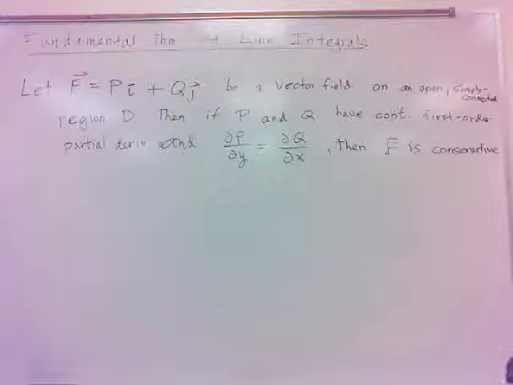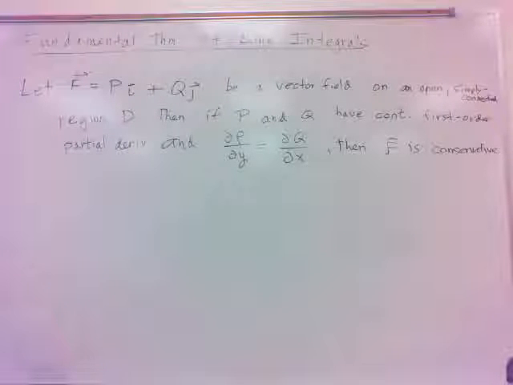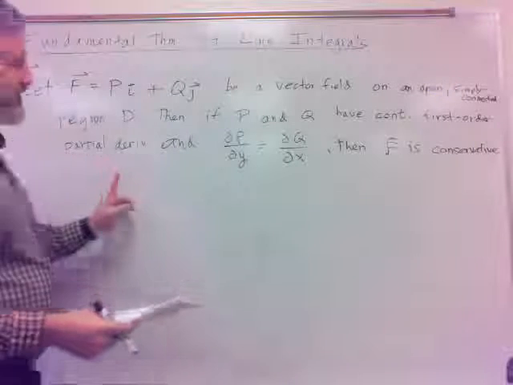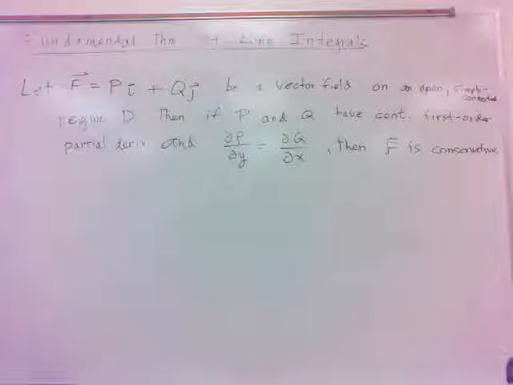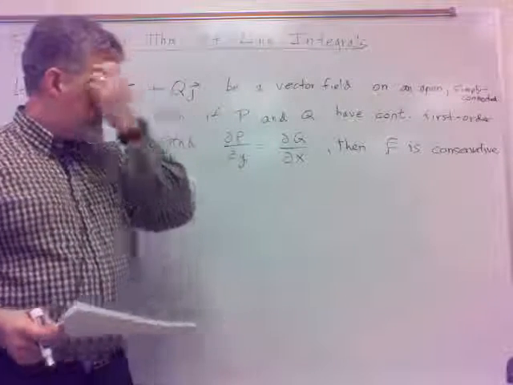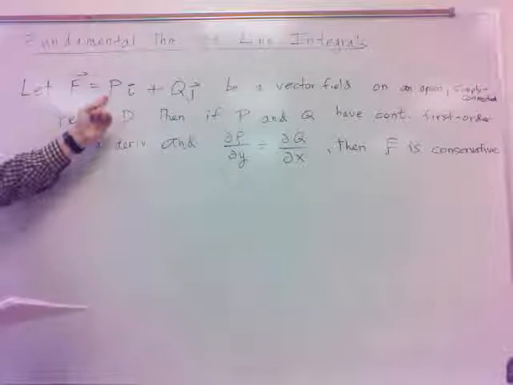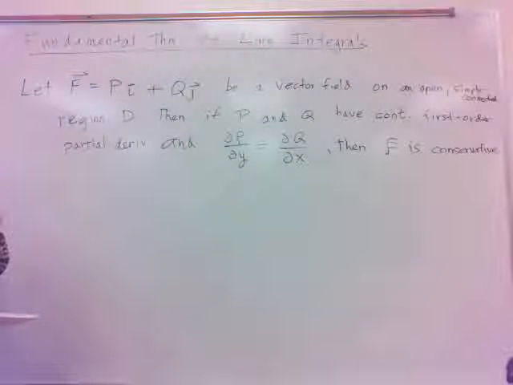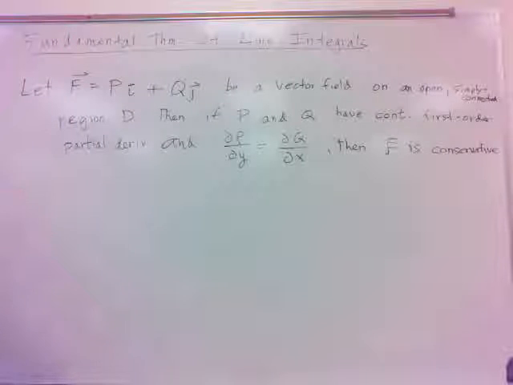Okay, so they go through the proof in the book. I'll let you look at that, but it actually gets back to Clairaut's theorem, I think. But anyway, it turns out if the partial derivative of P with respect to y equals the partial derivative of Q with respect to x, then the vector field is conservative.